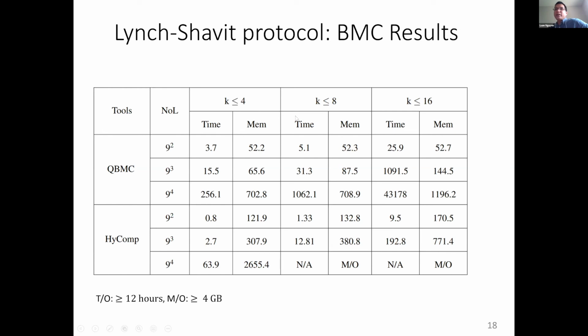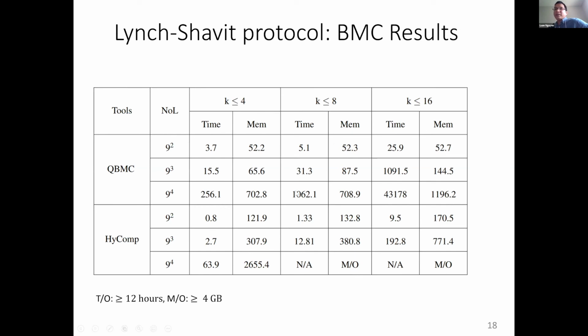So with the larger A right here, we can solve the problem with 4 processes, where QPMC can handle this with memory usage of about 700 megabytes, while HiCom returns an out of memory notification.